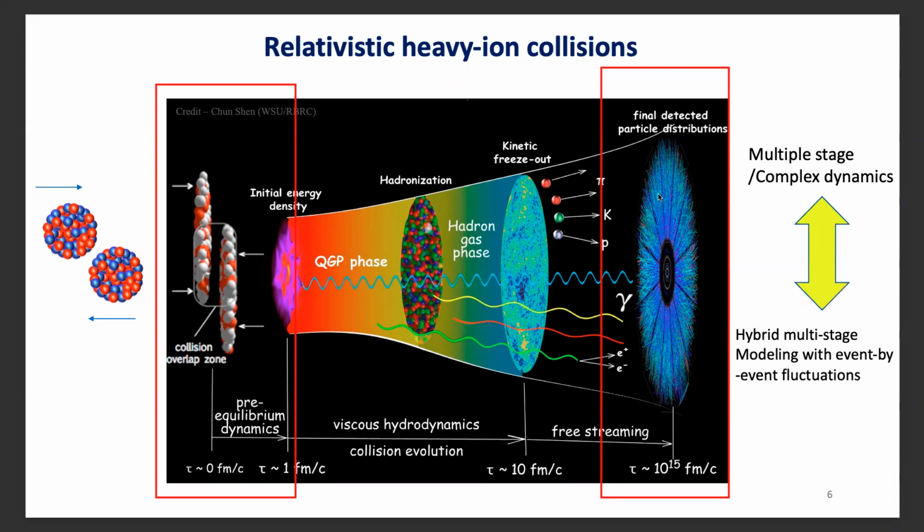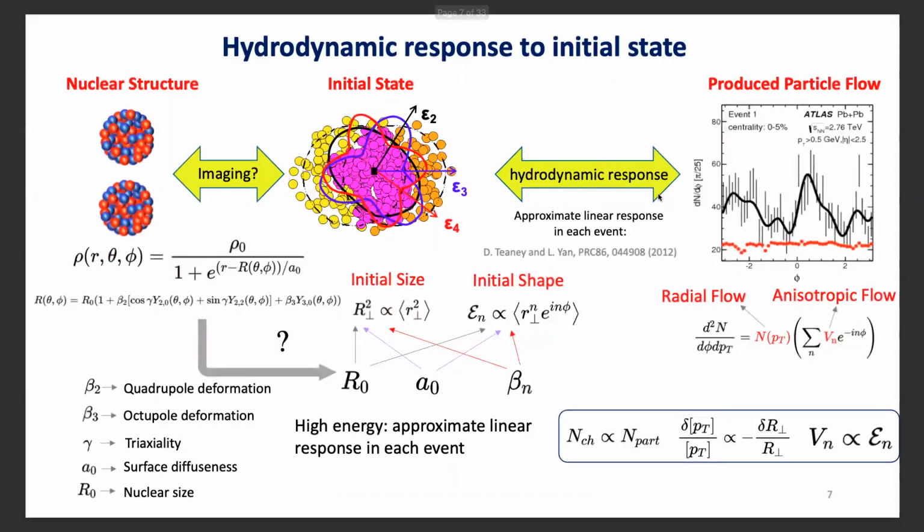So this heavy ion collision is a multiple stage process, and in experiment we analyze the final state particles using soft and also hard probes. Here I show some soft probes, which use the mean pT and transverse flow.